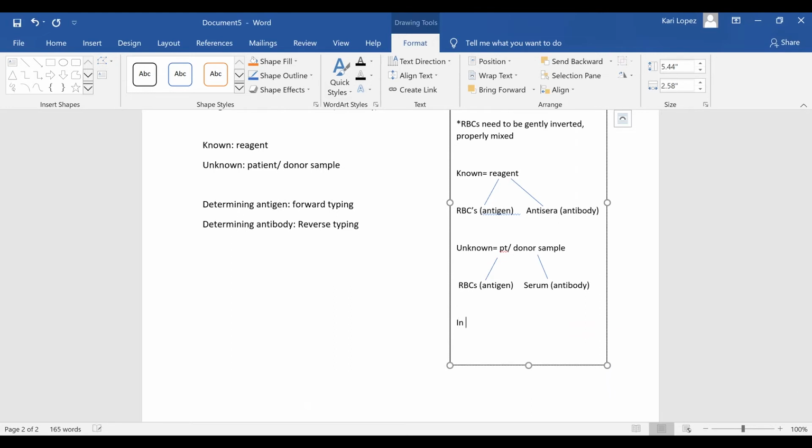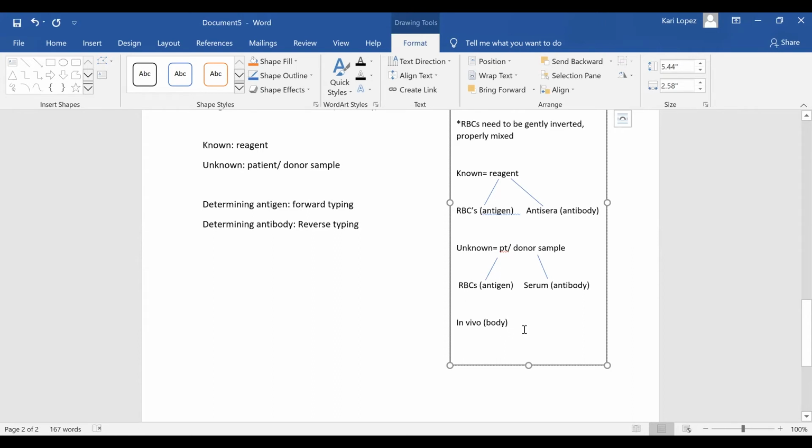We've got in vivo, which is where? In the body or in the lab? In the body, and then in vitro is going to be in the lab. And so in the body, you can have antigen or antibody.